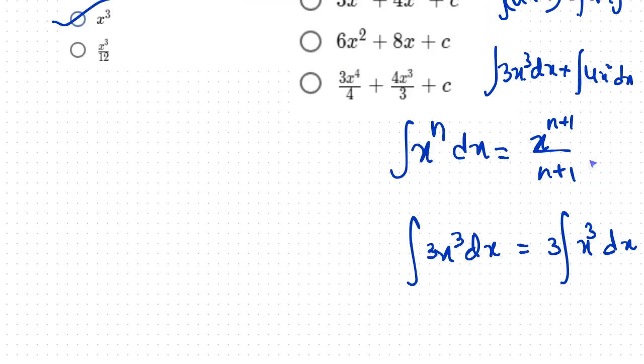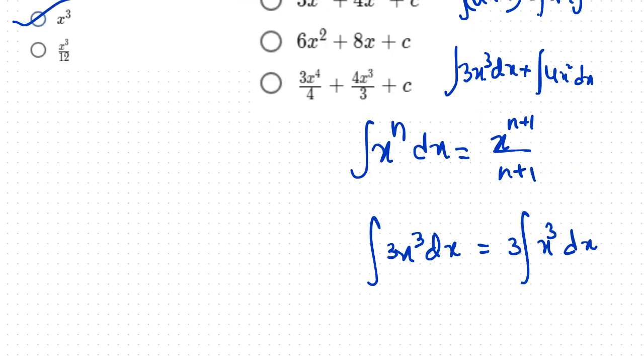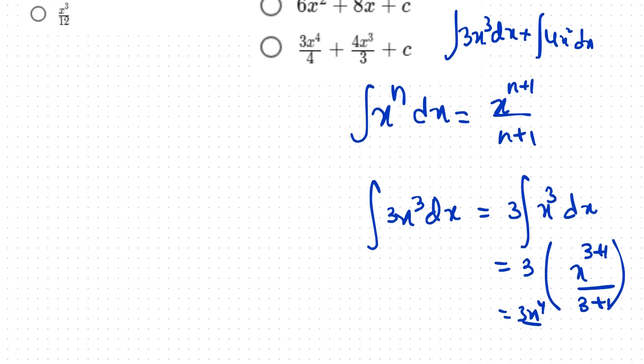x to the power 3 plus 1 divided by 3 plus 1. So 3 is already outside, x to the power 3 plus 1 upon 3 plus 1, that's it. So 3x power 4 upon 4, that is the first one.